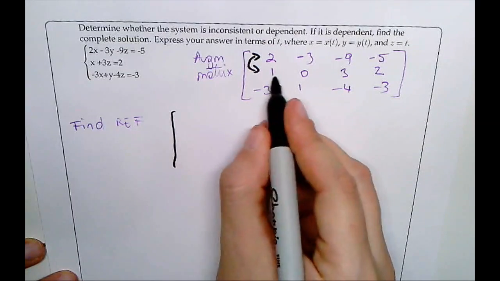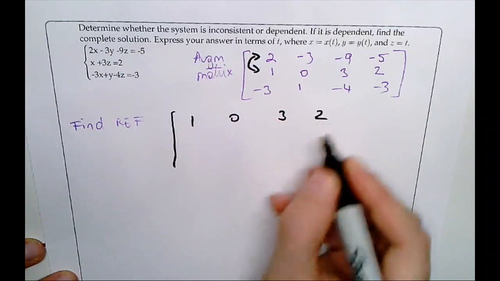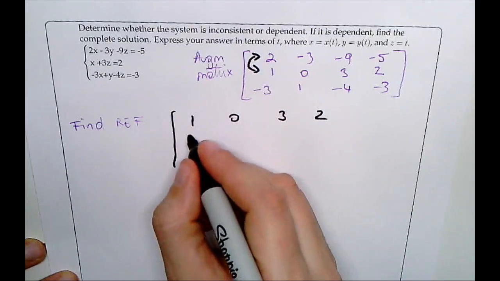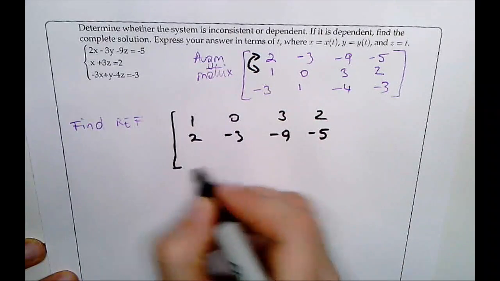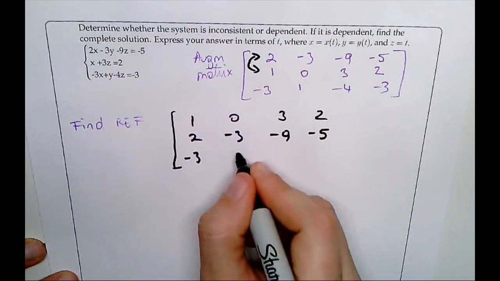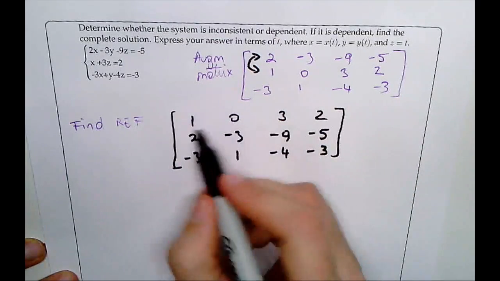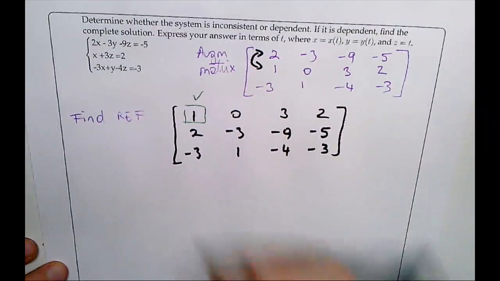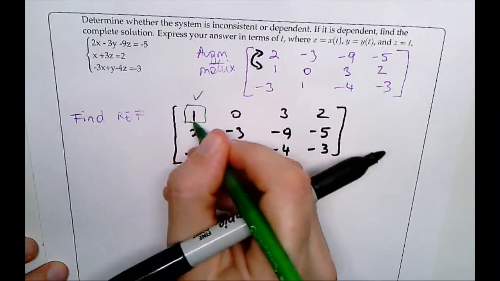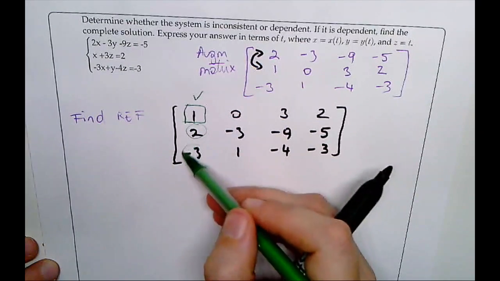So I'm going to have row 2 as row 1, so 1, 0, 3, 2. And then row 1 is row 2: 2, -3, -9, -5. And then row 3 stays the same: -3, 1, -4, -3. Okay, so that gave me the leading entry to be a 1 already, so I didn't have to do much work for that one. The next step is to make zeros below the leading entry, right?